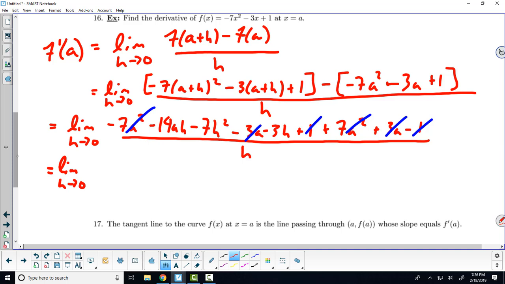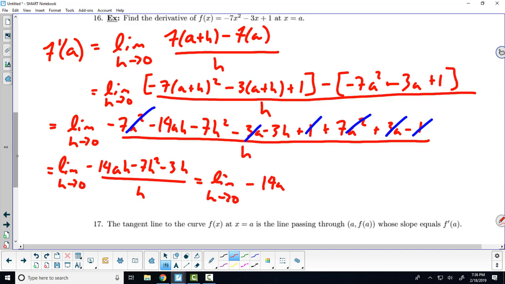That gives us the limit as h approaches 0 of minus 14ah minus 7h squared minus 3h over h, which gives me the limit as h approaches 0 of minus 14a minus 7h minus 3, after I factor and cancel out the h's.